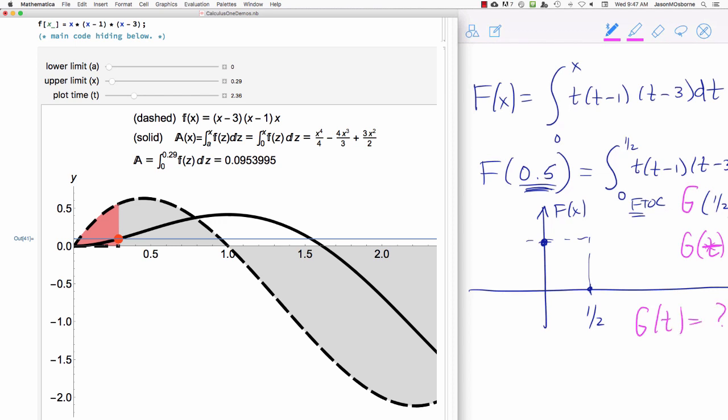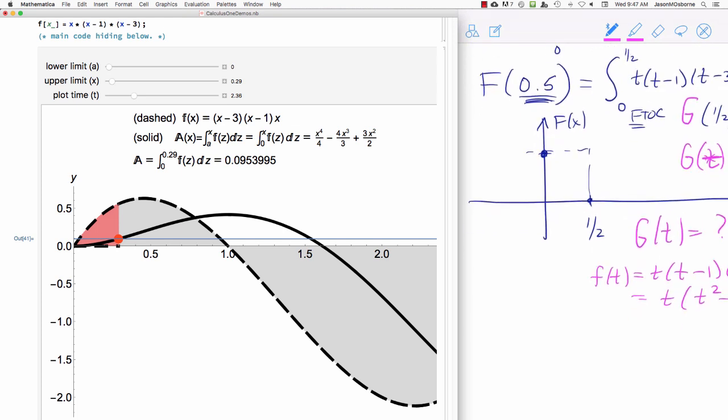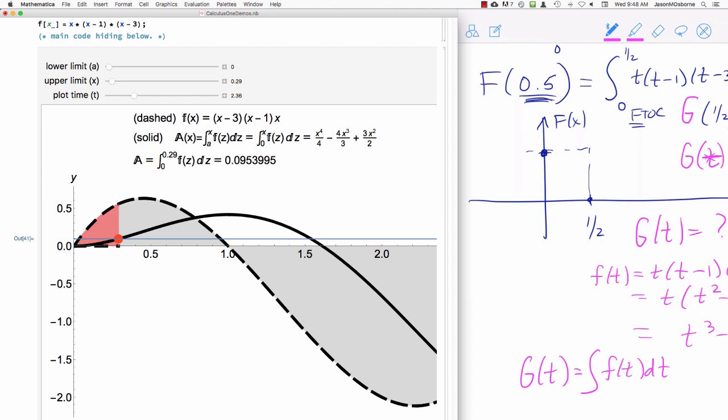Okay. And you say, sure you can, because the function little f of t was t times t minus 1 times t minus 3. We can do some algebra. I think we've already done that algebra, t times t squared minus 4t plus 3. So you get t cubed minus 4t squared plus 3t. And so you can find an antiderivative of that function, which would give you g of t.